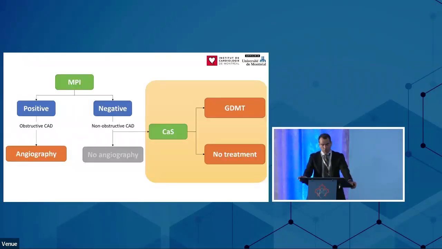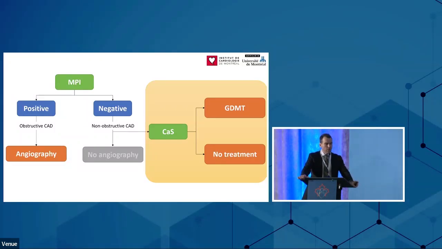I think the most important point of adding calcium is that you add a whole dimension to your report. You're no longer thinking about whether there is obstructive or non-obstructive CAD. You have obstructive CAD: I need to do an angiography and treat the patient, maybe with revascularization.